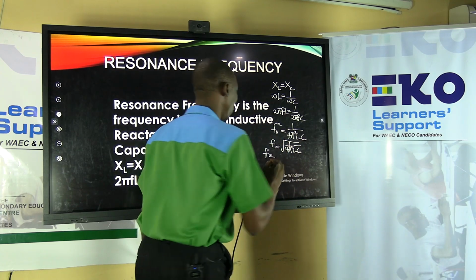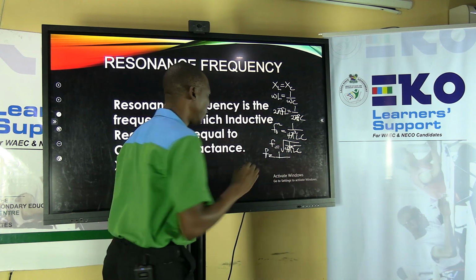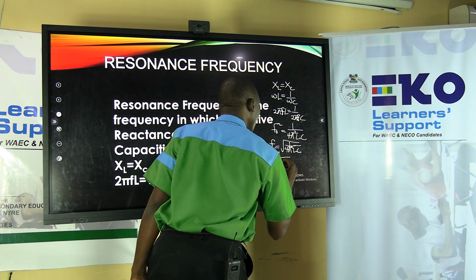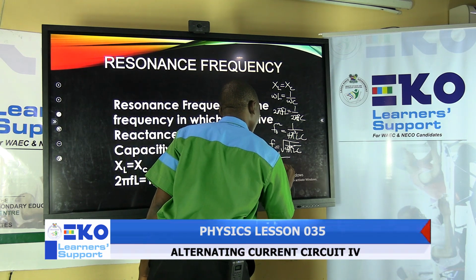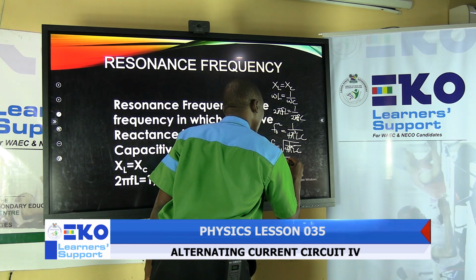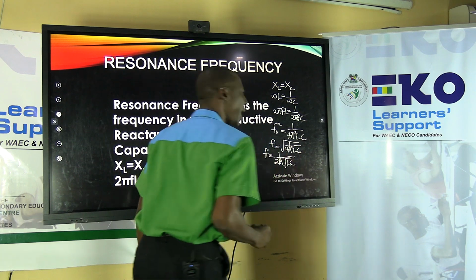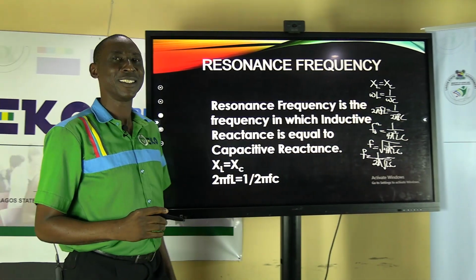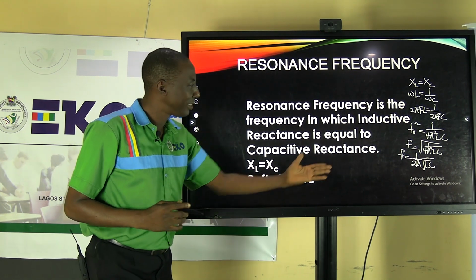Square root of 1 is 1. Square root of 4 is 2. Square root of pi squared is pi. And we have root LC. So if you are asked to determine the resonance frequency, this is the formula.